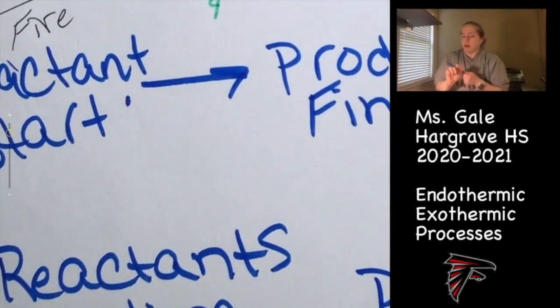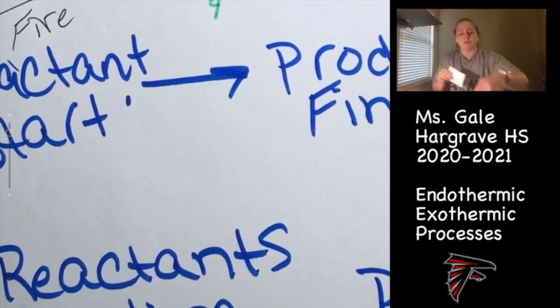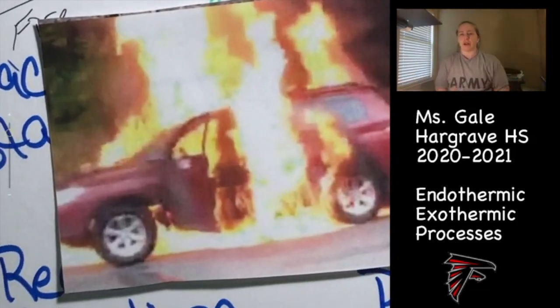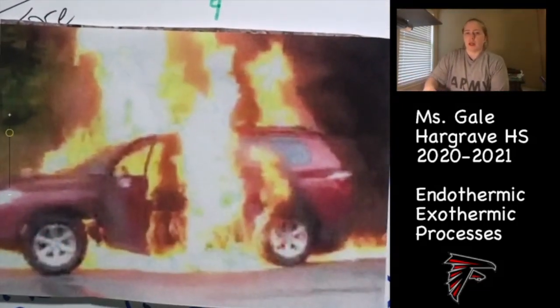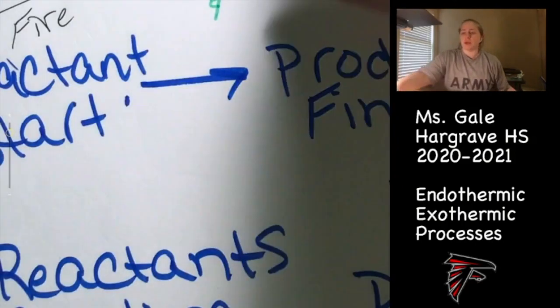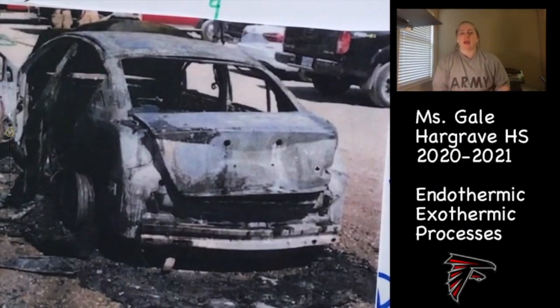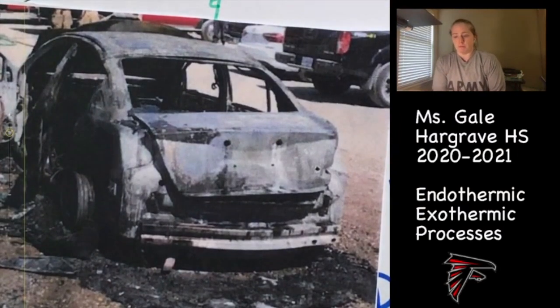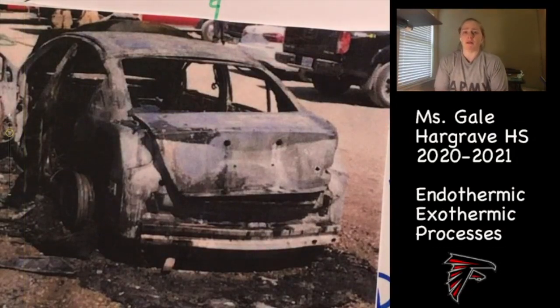So, prime example, going back to our burning car. That has a lot of energy right now with that fire. Firefighters come, put the fire out, using all of their techniques. Now it's just a crumpled up skeleton of a vehicle. Still a car. It was releasing energy a minute ago.